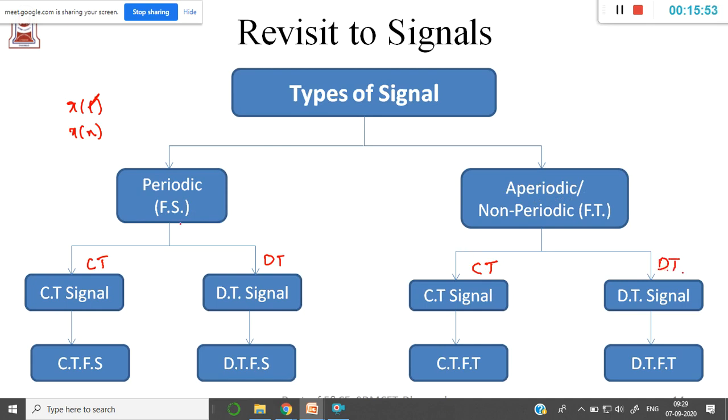Similarly, an aperiodic signal may also be a continuous time signal or a discrete time signal. Now, whenever I want to move from the time domain to the frequency domain, I want to analyze this signal in the frequency domain.